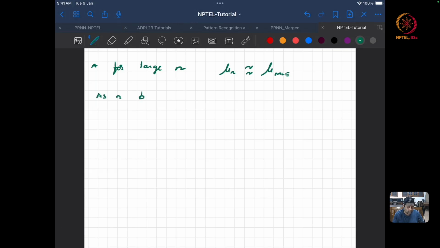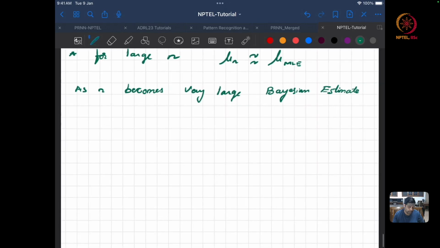As n becomes very large, the Bayesian estimate is the same as MLE. And please note that since we are dealing with a Gaussian, the mode is the same as the mean.